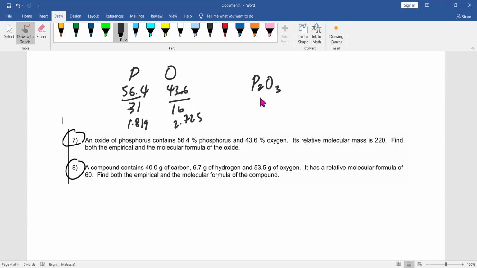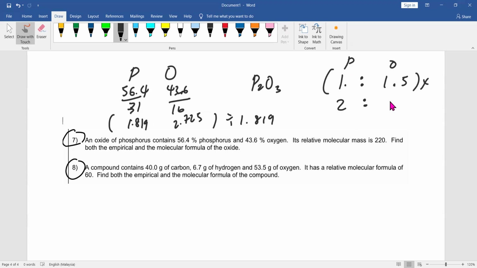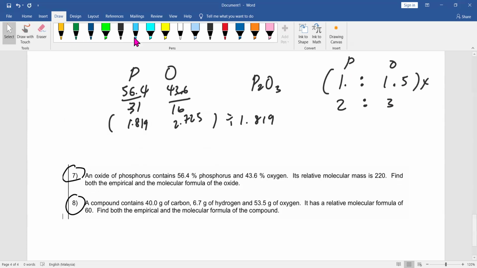Remember what I said? Divide by the smallest number. So you take both of these numbers, divide by the smaller one, and you will get 1 to 1.5. Get it? And then you multiply by 2, 2 to 3. Get it? Okay. So what you must understand is that this is just the empirical formula. We haven't counted the molecular formula.